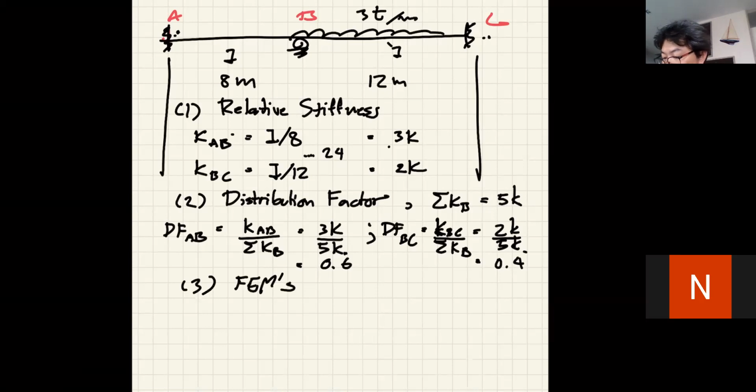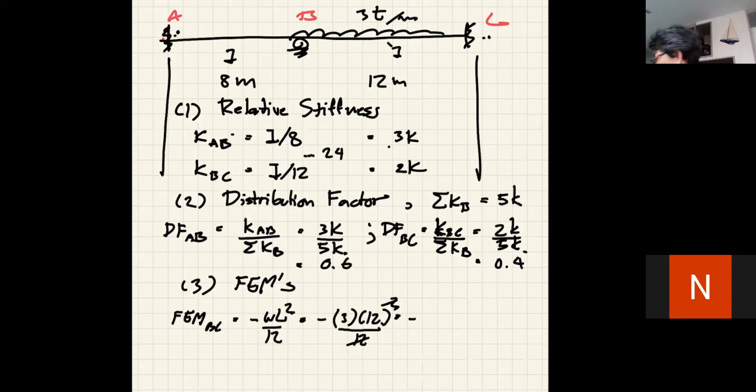Okay, in this case, it's pretty simple. Fixed moment of member BC is minus WL square over 12, which is equal to minus 3. L is 12, square over 12, so that is gone. So it's minus 36 ton meter.